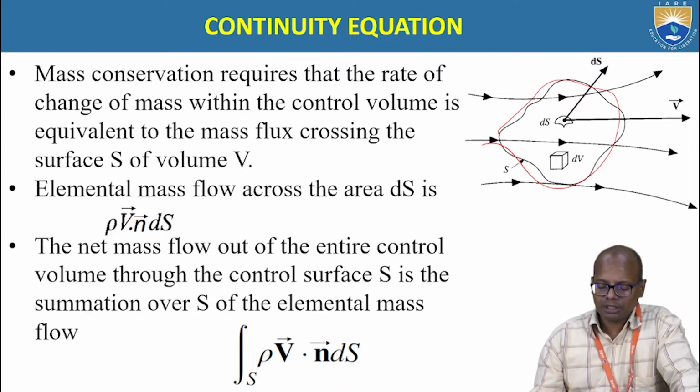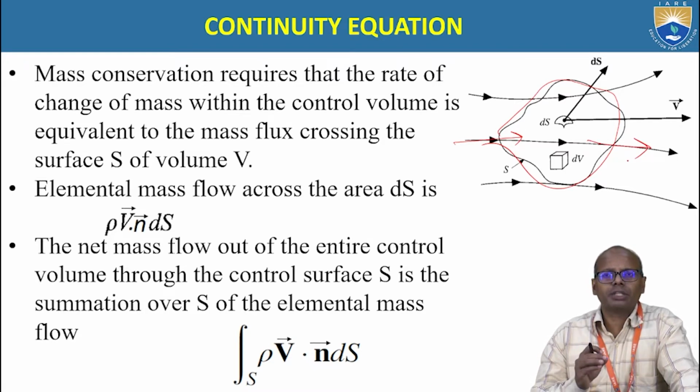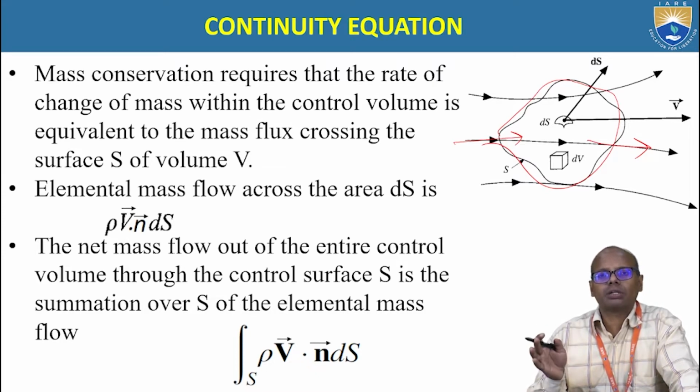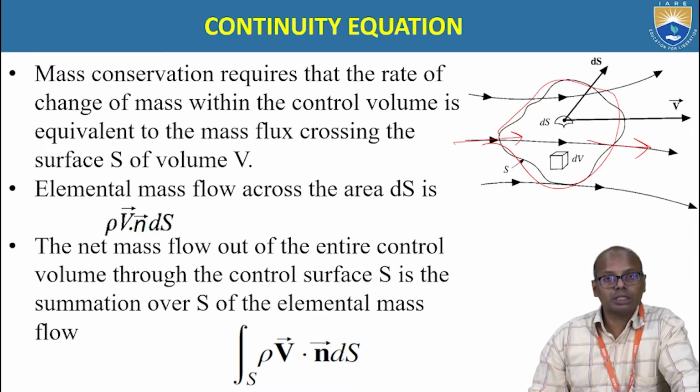It happens because of the difference in the mass entering and the mass leaving. Only if there is a difference between the mass entering the control volume and the mass leaving the control volume will there be a change in mass of the control volume.